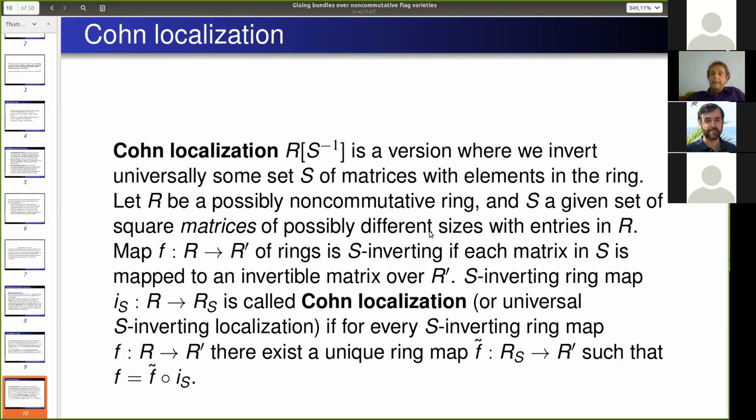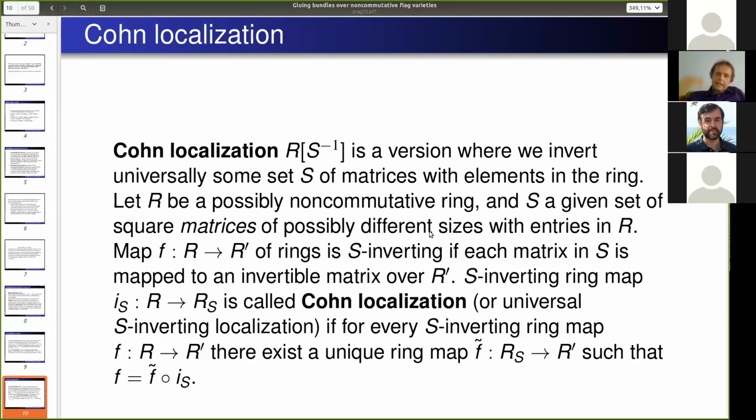Going beyond flatness usually needs some sort of a repair, and this repair happens by adding higher cells. So I don't know completely how to do it in the case of this non-commutative flag variety, but I have a program how to do that part.